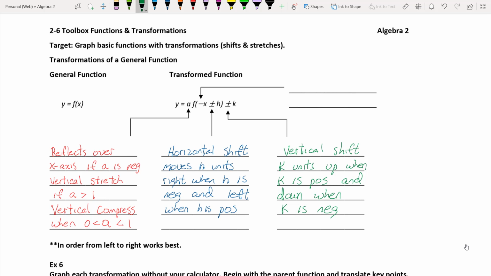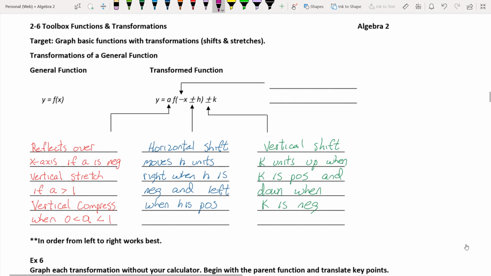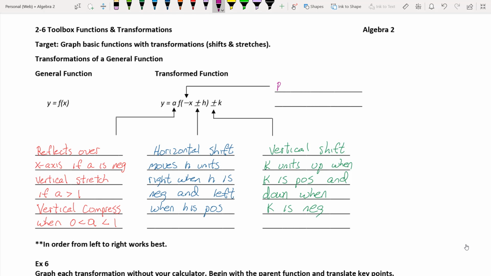And then we had one other one, which we're not going to look a ton at, and that was what happens when we have a negative x in front here. That was a reflect over the y-axis.